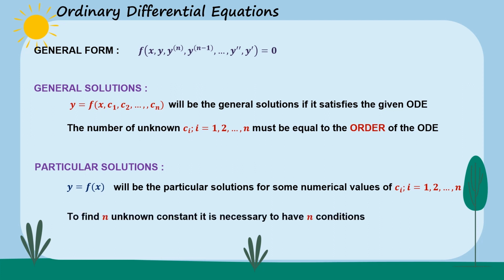Therefore it is crucial to remember, if a differential equation is of order n, then to get the particular solution we need n given conditions. Now, what is a given condition? Suppose I'm talking about a second-order equation.